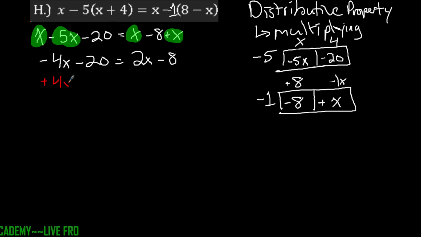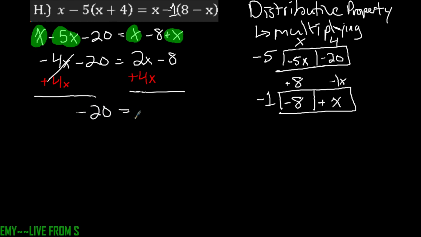So I'm going to add 4x to both sides. The 4x's cancel out. I have -20 comes down. Right side, I have 6x minus 8. Try to get the constants to the other side. So I can add 8 to both sides.